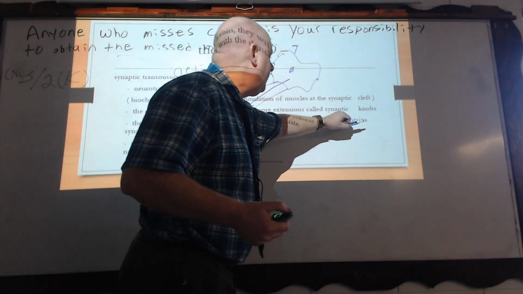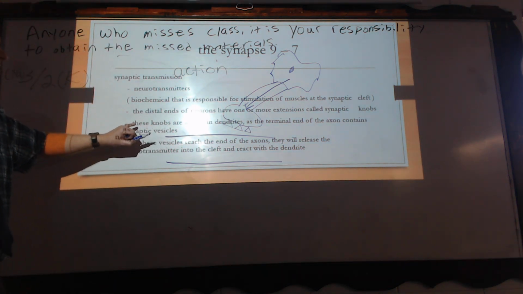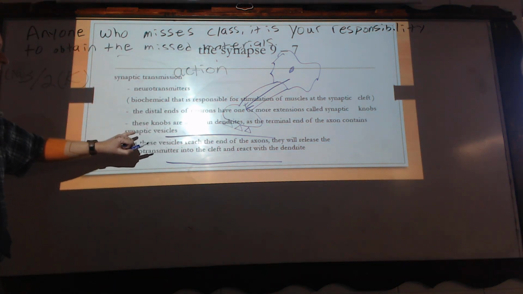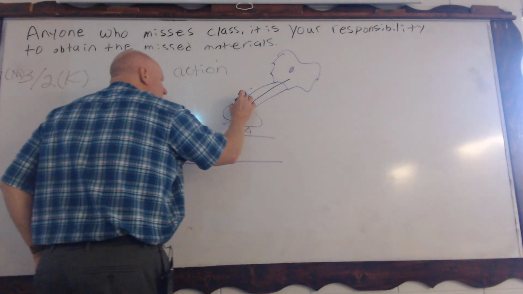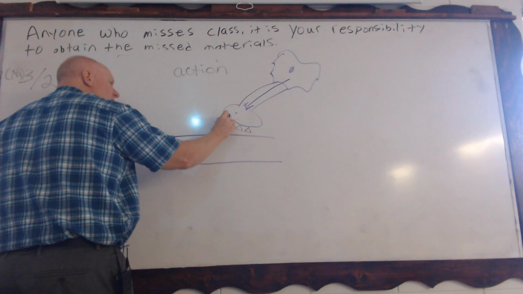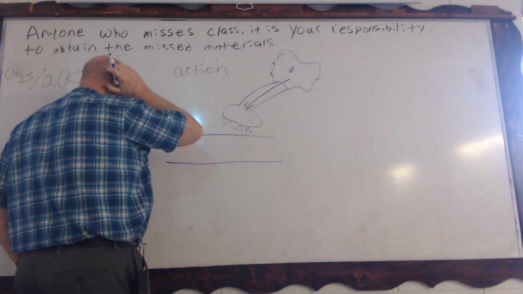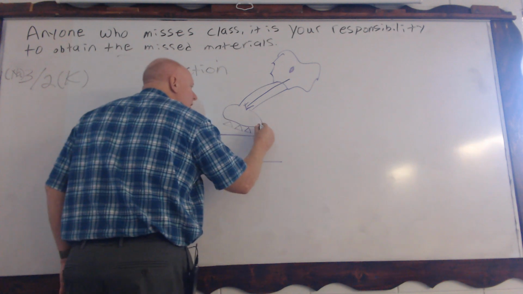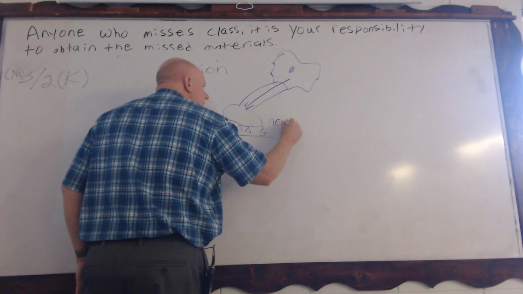That's what we're calling right here, synaptic knobs. These knobs are absent in dendrites as the terminal end of the axon contains these synaptic vesicles. So once we get towards the end, okay, this chemical signal jumps this gap. And part of your vocabulary, this gap is called a neurotransmitter.